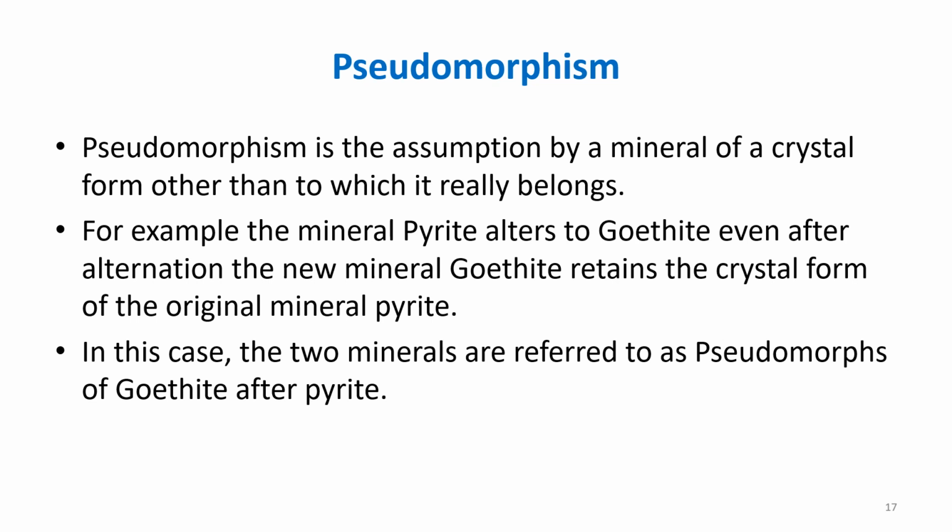Even after the alteration to a new mineral like goethite, the goethite retains the crystal form of the original pyrite. In this case, the two minerals are referred to as pseudomorphs of goethite after pyrite. So this is an excellent example.